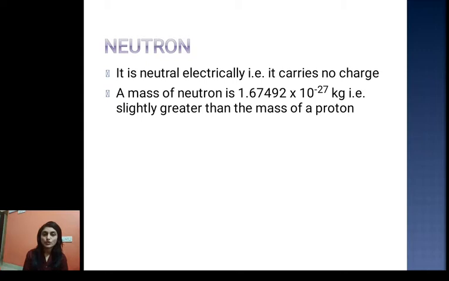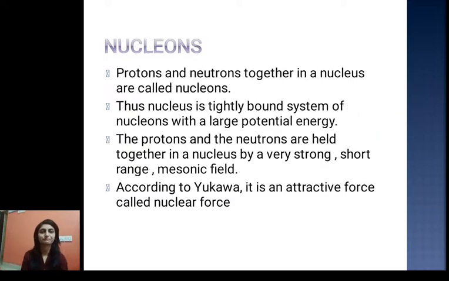Now let's see the neutron. It is electrically neutral, that is, a neutron doesn't carry any charge. The mass of a neutron is 1.67492 into 10 raised to minus 27 kg, that is slightly greater than the mass of a proton. Now let's talk about nucleons. Protons and neutrons together in a nucleus are called nucleons.